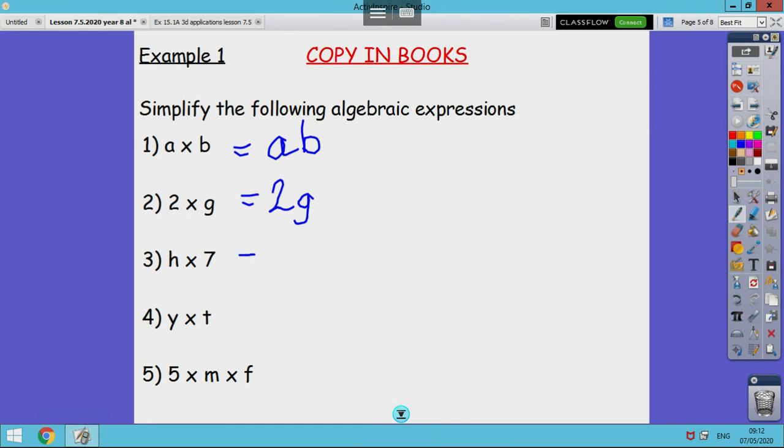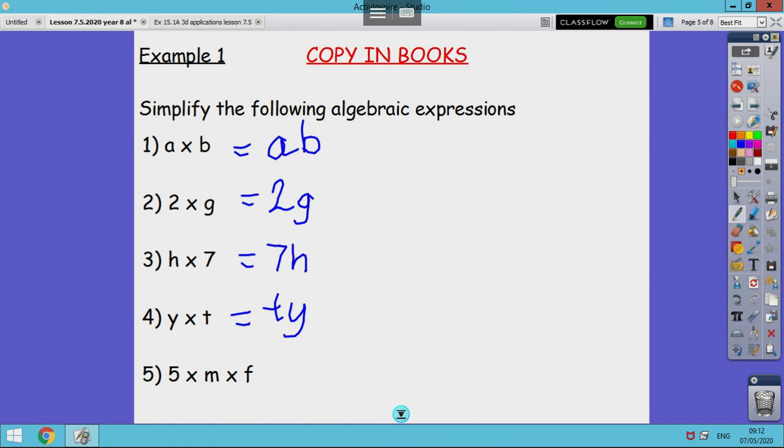Now let's have a look at this. H times 7. What should always come first? The number, if there is one. So 7 has to come first, and then H will come next. Y times T. Now we don't have any numbers there, so no number has to go first. But we do have 2 letters, so we have to think about whether they're in alphabetical order. Now I know that T comes before Y. So our answer is just TY.